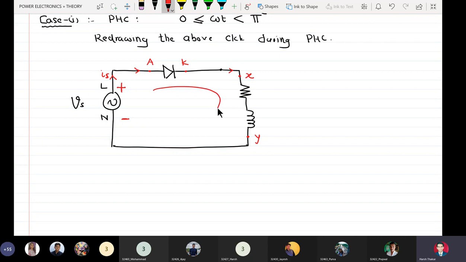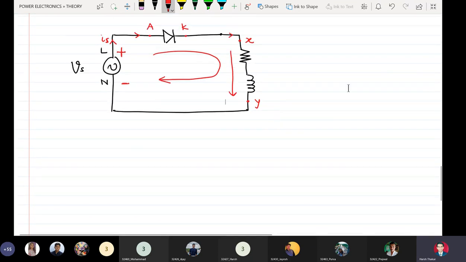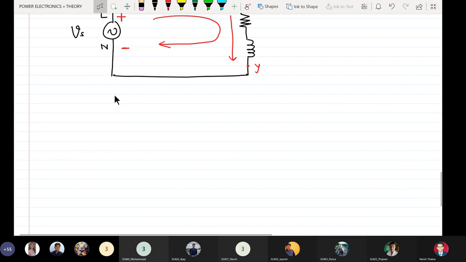So the current through the inductor will flow like this from X to Y. When this happens, it's very simple, we can replace the conducting diode with a short circuit.